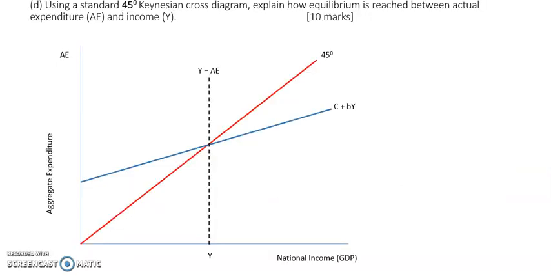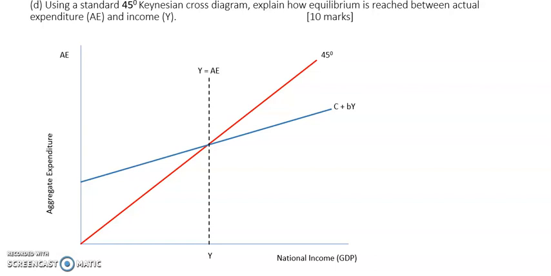All right, part D says, using a standard 45-degree Keynesian cross diagram, explain how equilibrium is reached between actual expenditure and income. So I've drawn the diagram already, so you don't have to worry about it.